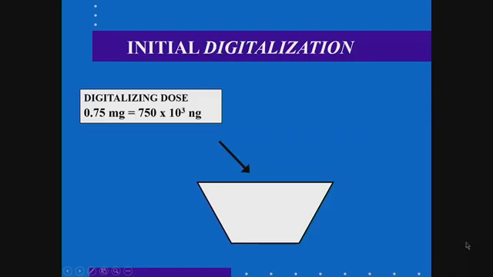So, the example of digoxin, initial digitalization, this is a term referring to the loading dose of digoxin, 1/4 of a milligram being administered, and that distributing into a single compartment, resulting in that initial concentration of 1.4 nanograms per ml.